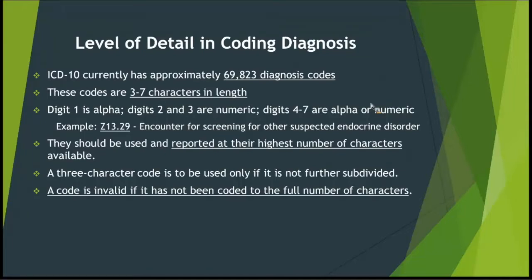So you could not have Z13 and that's it. You've got to go Z13.2, and if there's an additional digit, the 9, you would have to do Z13.29. Is that clear? Sure? No questions so far? Okay. And what I just said is in the last 3 bullets.